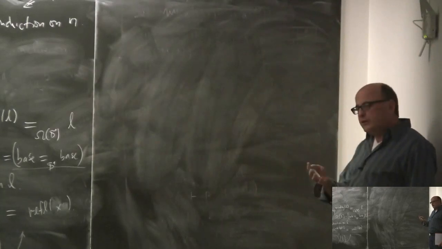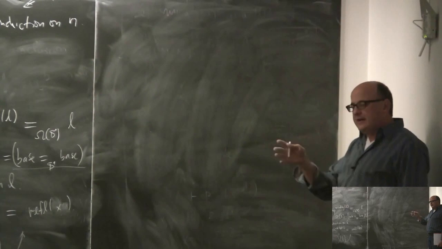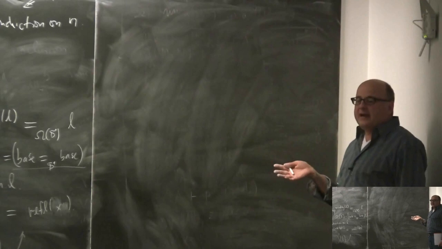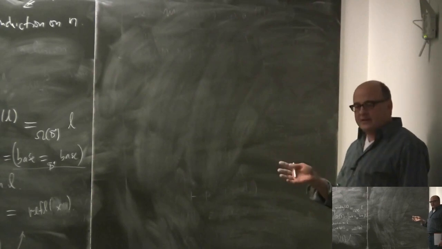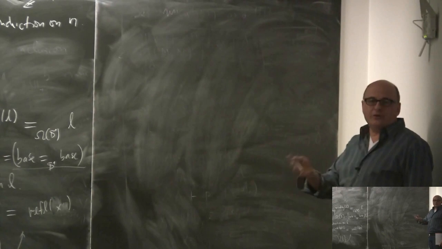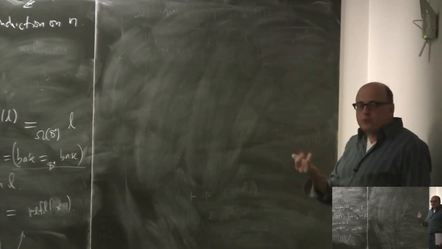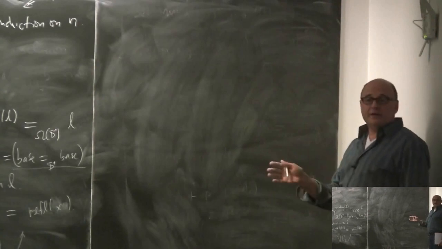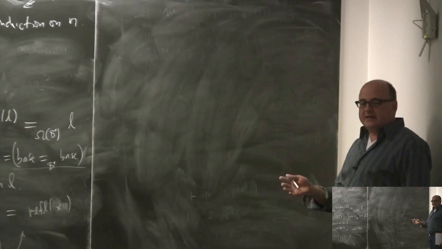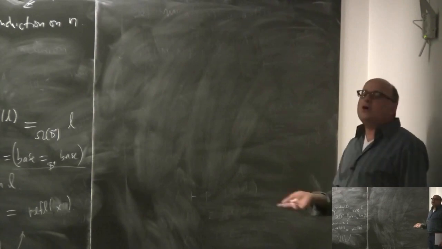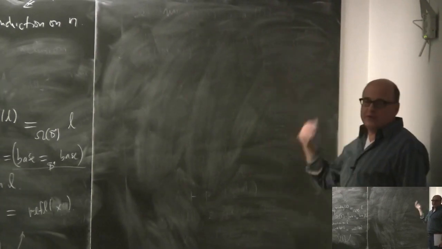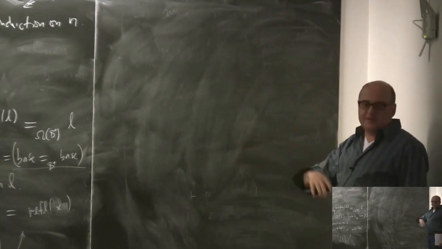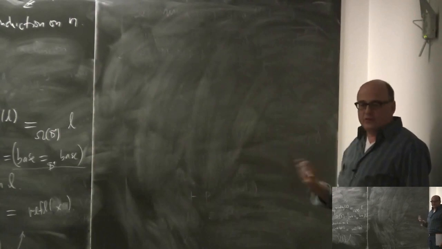If you have id from inl of m to inr of n, and you want to say something about all such paths, it's not immediately obvious you can do a path induction there because the endpoints are not completely free. You're saying only those for which they're inl of m and inl of n. That's the thing you're interested in, but to apply induction you have to consider all paths. So what we did before was define a family, and it basically amounted to the fact that we could define an inverse definitionally for the inl and make the whole thing work.